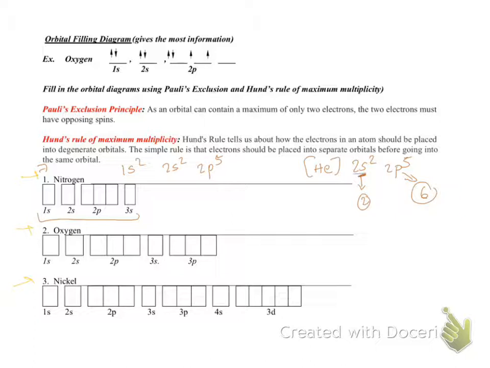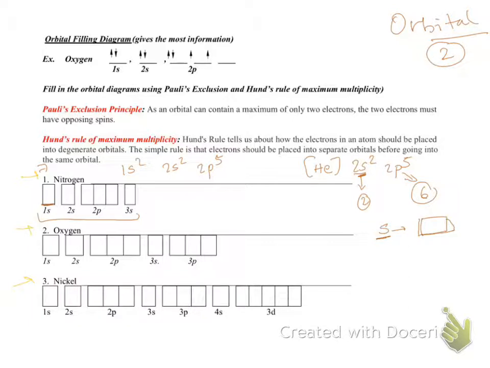Because each sublevel, for example the s sublevel, is further subdivided into one orbital. Think about one box; an orbital can hold 2 electrons.